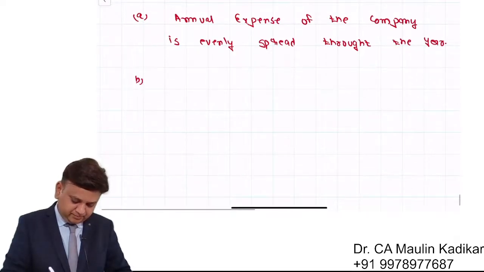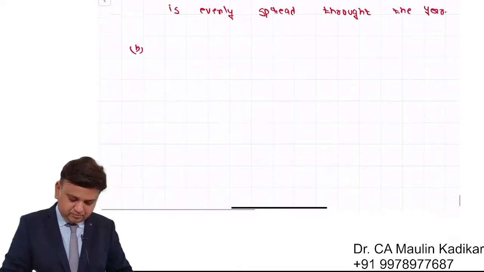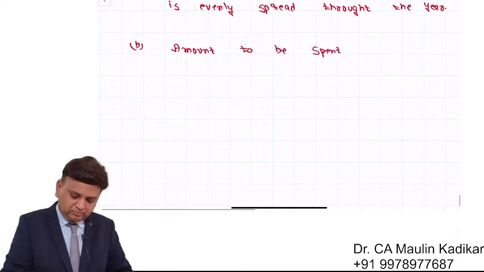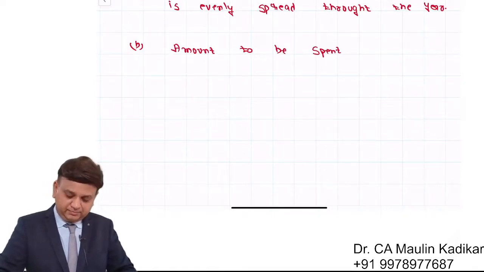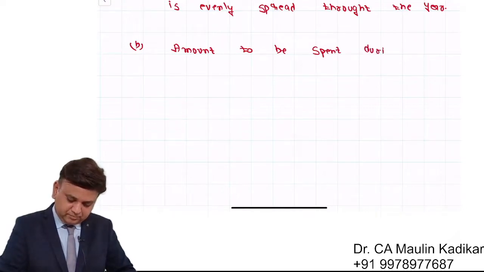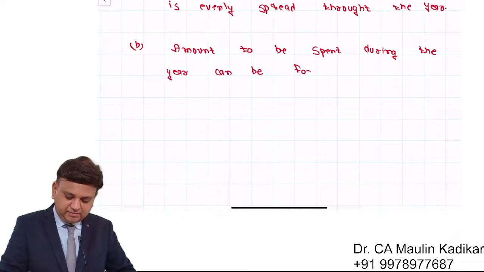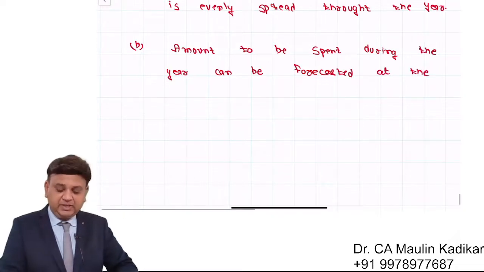B: amount to be spent during the year can be forecasted at the beginning of the year.